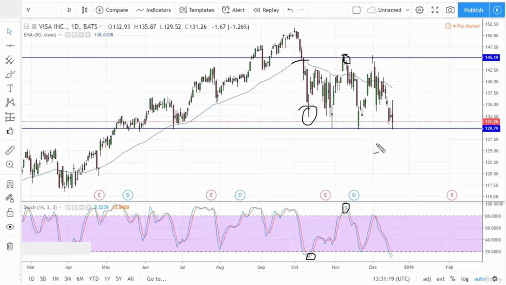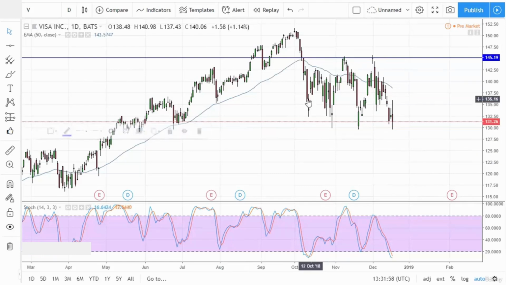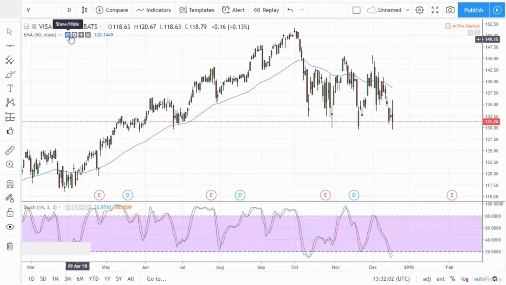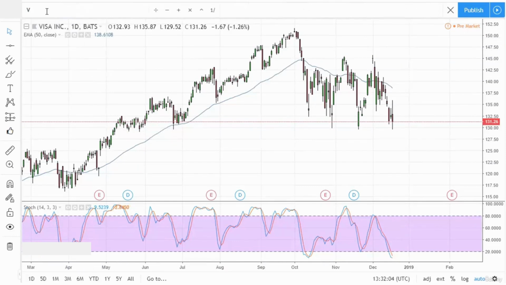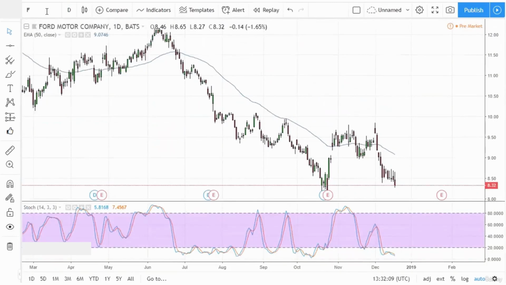So we've had two signals. This was awfully close. You could have perhaps been talked into it. But as you can see, technically it's not there. So the stochastic is a little slower than some other signal-producing indicators, and that in and of itself can and will keep you out of trouble sometimes.